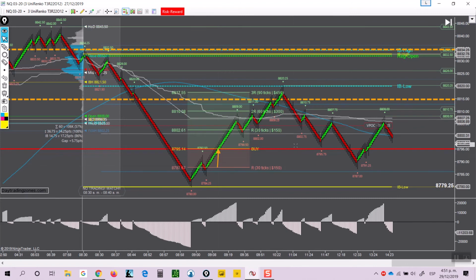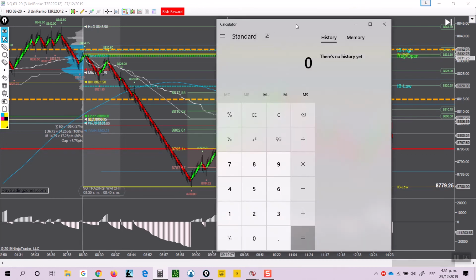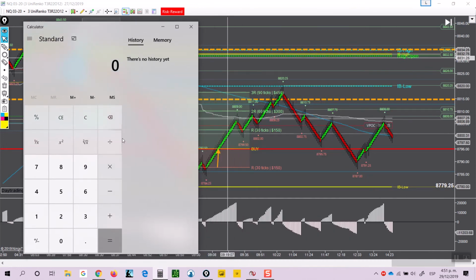So that means if I trade 3, 4, 5 contracts, I'm not risking more than $150 per contract. Then you multiply that per your contracts. That's the best thing to do.